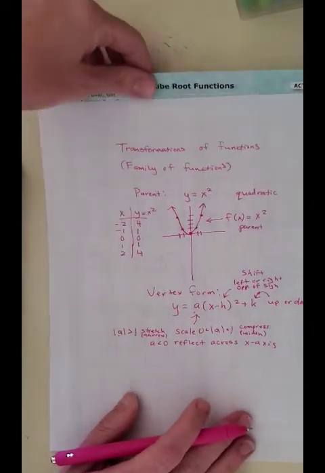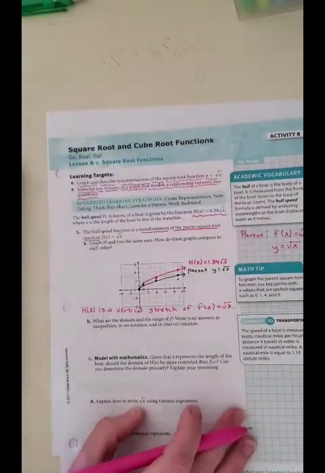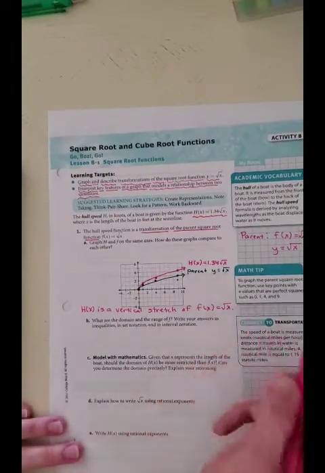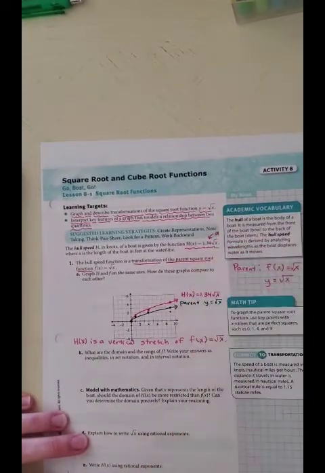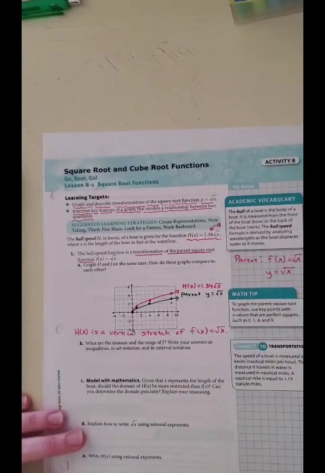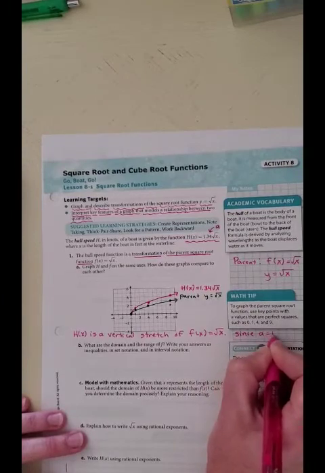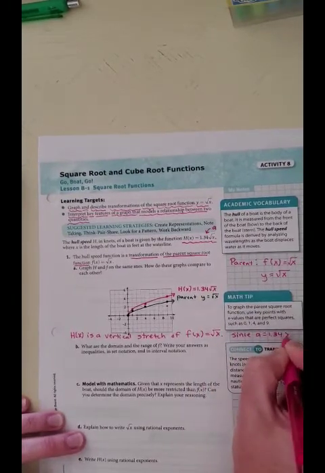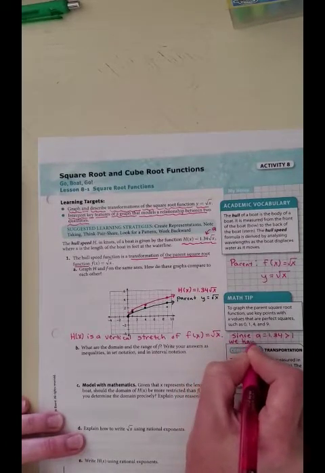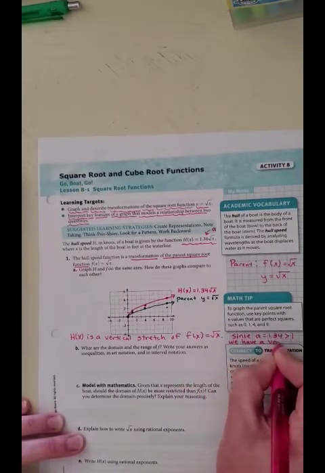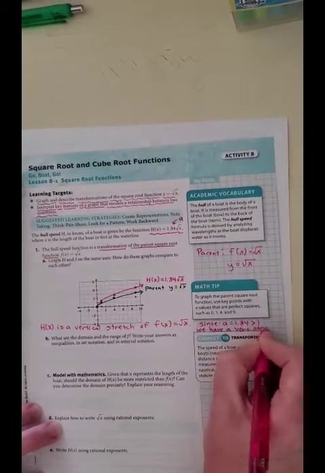If we look back, the graph is now stretched upward from the previous function. And so you could see that a value was actually right here. A was 1.34. So since a equals 1.34, which is greater than 1, we have a vertical stretch.